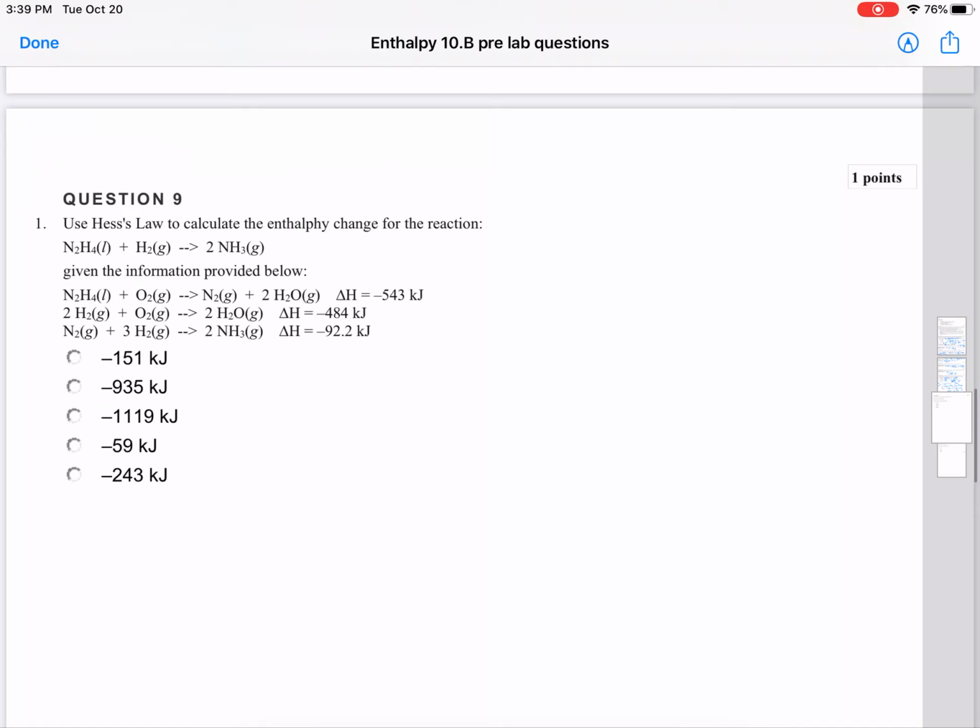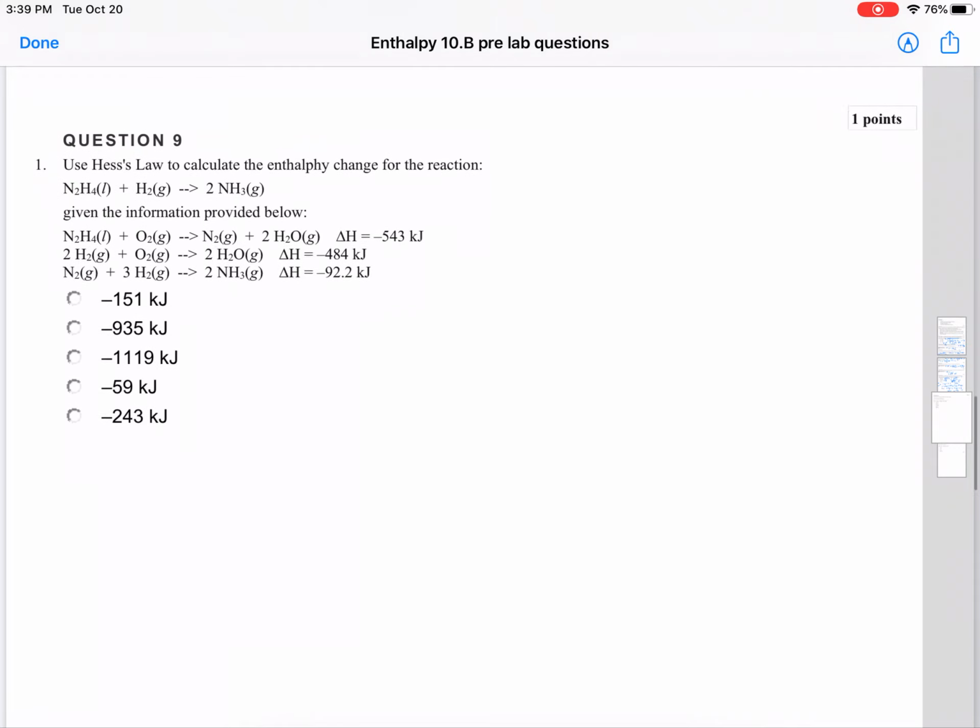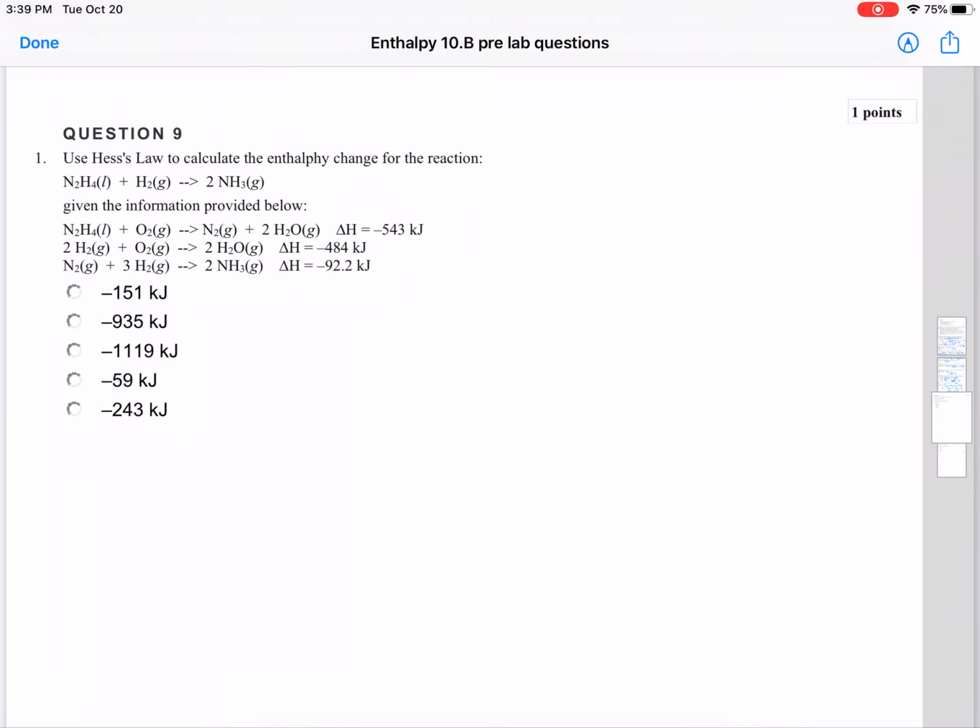Next one, question 9, and this is for Hess's law. Use Hess's law to calculate the enthalpy change for the reaction. So basically Hess's law says if you want to calculate the enthalpy of a reaction, but you are not able to calculate it by itself, then you can use several individual reactions and add them up.